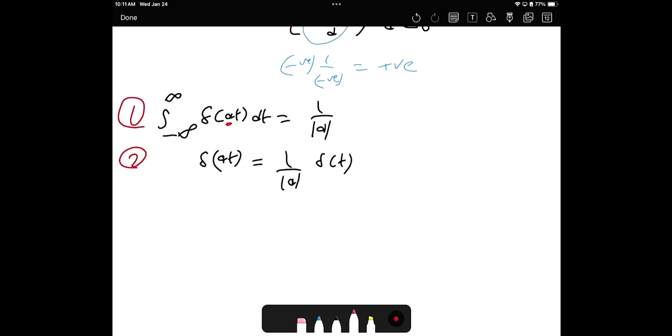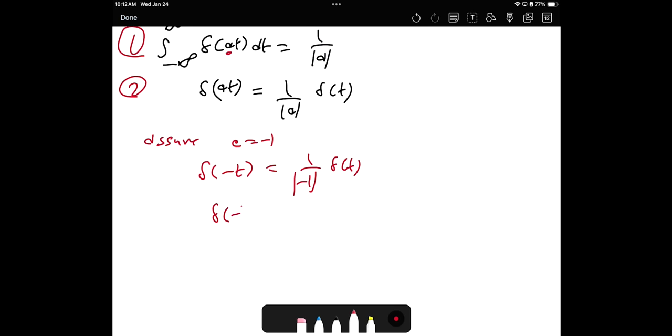Now also let's assume A equals negative 1. So what will happen? Delta of negative t equals 1 over the absolute value of negative 1 times delta of t. So as a result, delta of negative t equals delta of t. This is a third rule that you need to know. So delta of negative t is the same as delta of t. And what's the meaning of this?